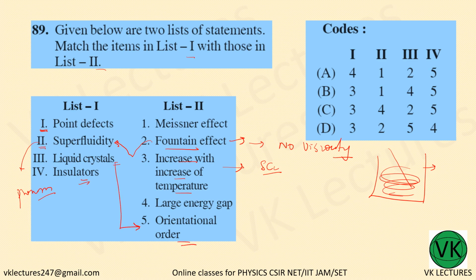Insulators, high energy gap. Now Meissner effect is related to superconductivity, so superconductors. So you can check the option: 1 belongs to 3, 2 belongs to 2, 1, 3, 2, 2. So option D.